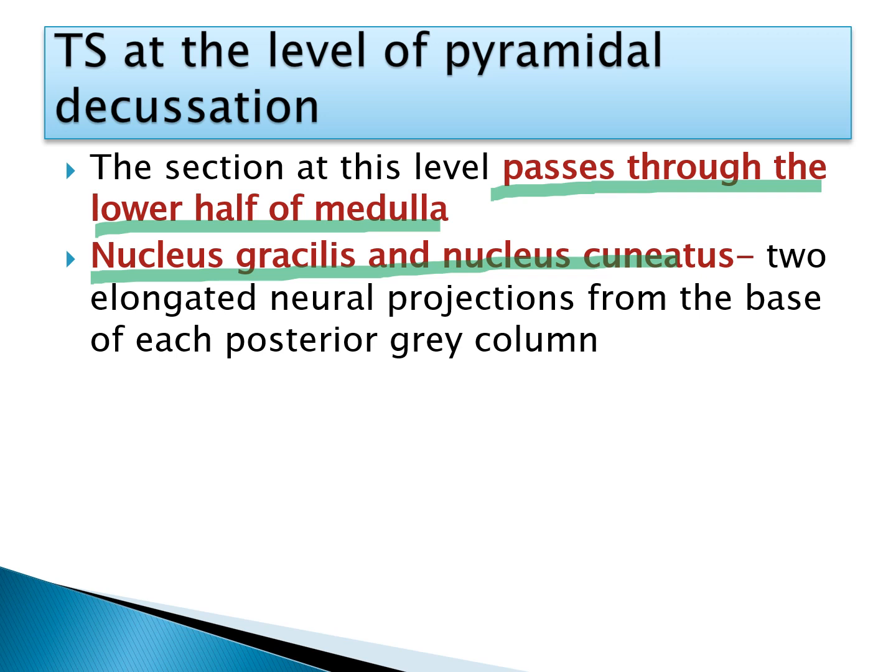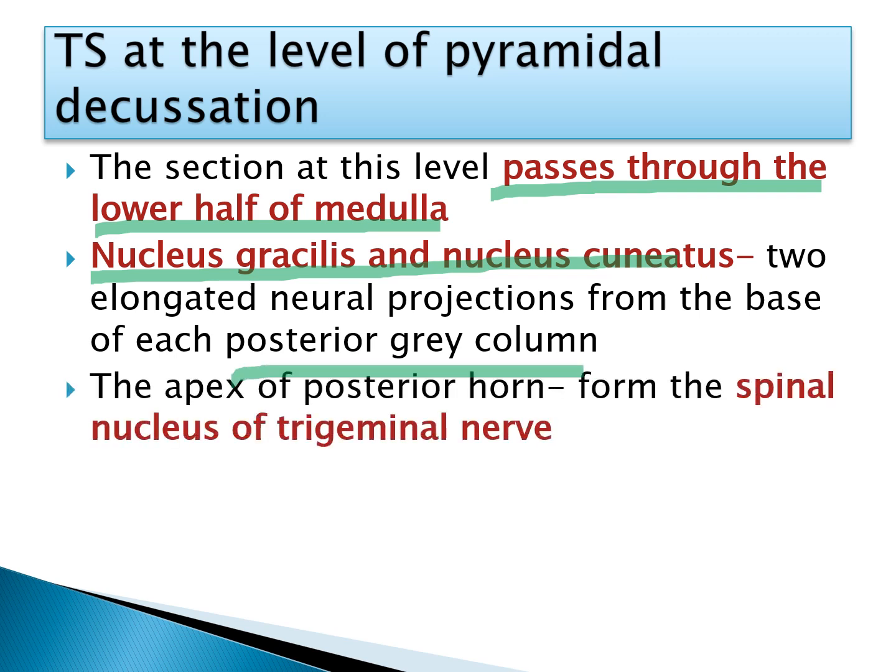So if you have learned spinal cord sections in detail, then you can understand this lower part of the medulla oblongata will have the same features, like nucleus gracilis and nucleus cuneatus in the posterior gray column. The apex of the posterior horn will have the spinal nucleus of trigeminal nerve also, which is in continuation with the spinal cord.